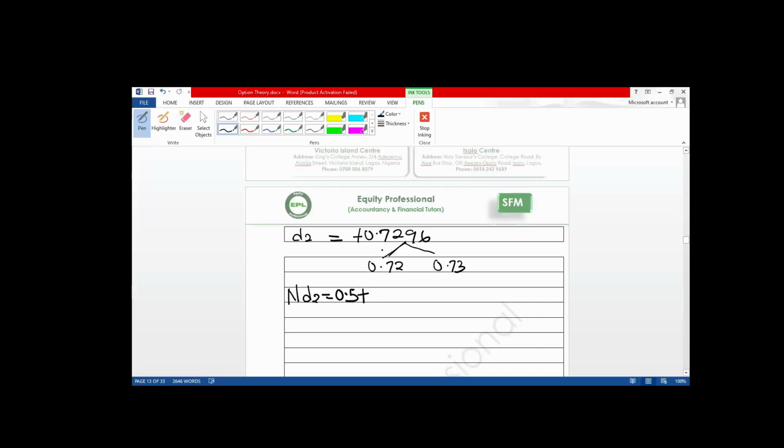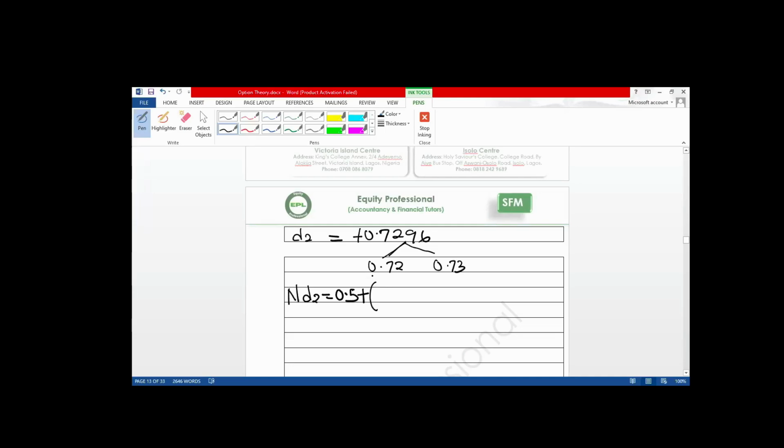But if the sign happens to be negative, then you are going to start with 0.5 minus. This is associated with the normal distribution table. You now open your bracket.